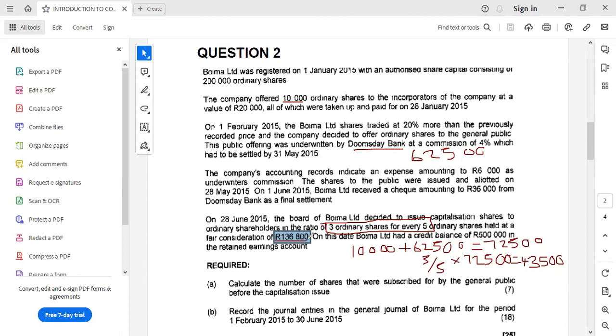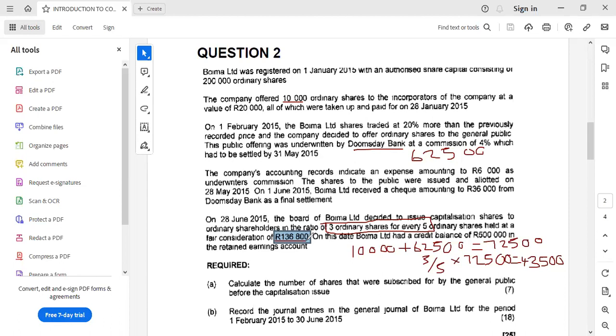All right, my friends, I didn't incorporate one thing that I also want you to go in your study guide and look at: the preference shares and the preference dividend. How we account for the issue of shares, if it's preference shares, is exactly the same. Only that where we say ordinary, we will now say preference shares. Everything will be the same.